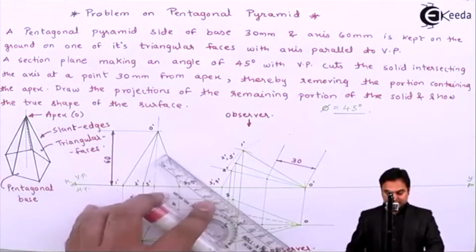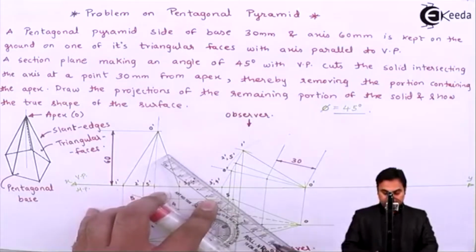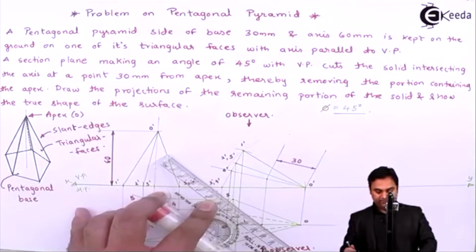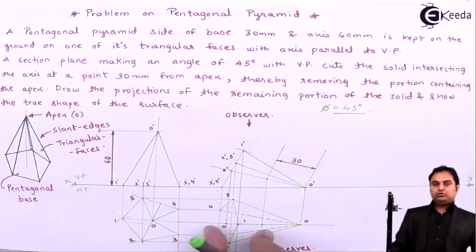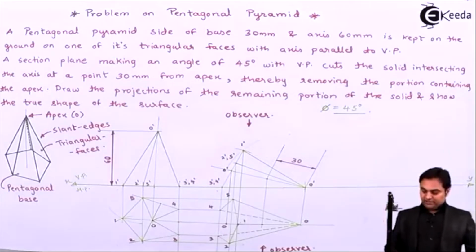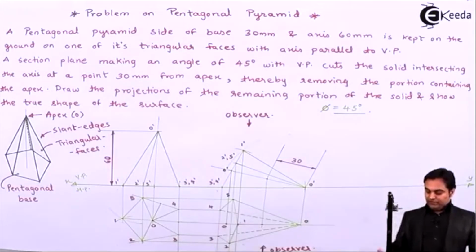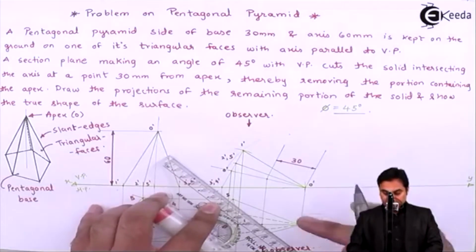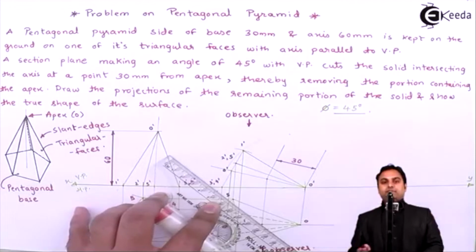So if I am taking this line and making the section or cutting this pentagonal pyramid, the portion which is close to the observer will be removed. But in this question, and along with that, what will happen is apex will be retained. Here when I draw this section line, the apex portion is retained, it remains.